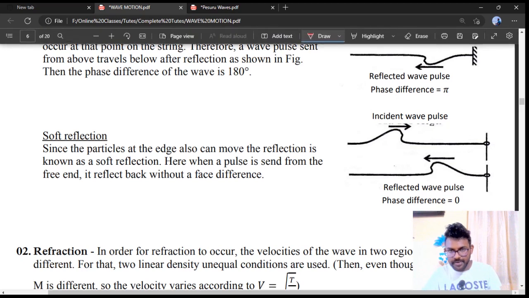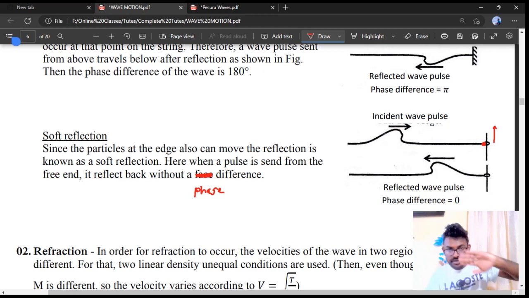So what will happen, the particle at the very end of this wire can also go up, unlike the previous case. It can go up and down. That will be a soft reflection. So there won't be a phase difference. Actually, I misspelled it. Just correct this one, it is phase. There's no phase difference; the phase difference is 0.